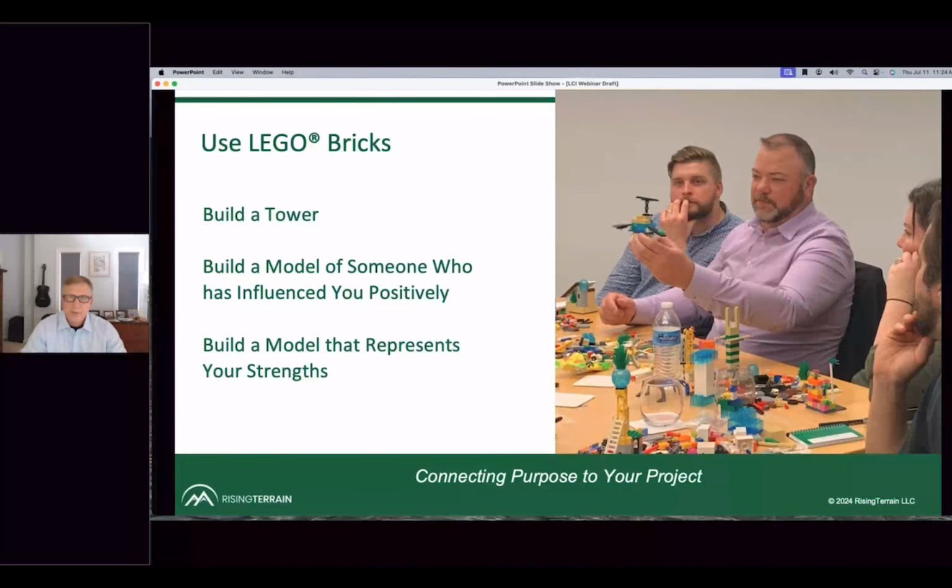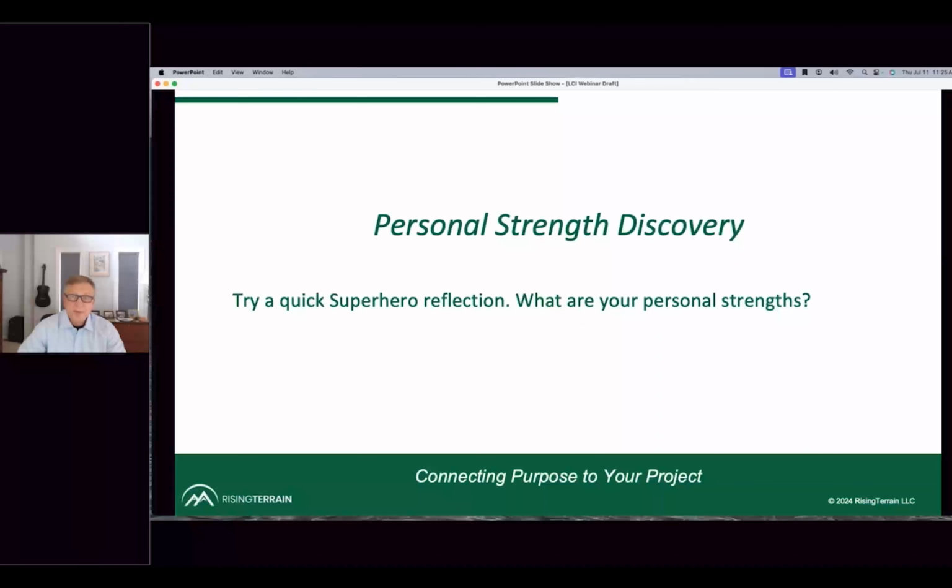If you've worked with me and a colleague, Joanna Lee, on this, you know we go through building a tower just to set up the mechanics of how to think metaphorically and move from what a Lego brick is to what your strengths are. So these are the steps. And the intermediate question about building a model of someone who's influenced you starts to get you to think about how a model might reflect something in you, but that's also strength-based. So those steps are very helpful.